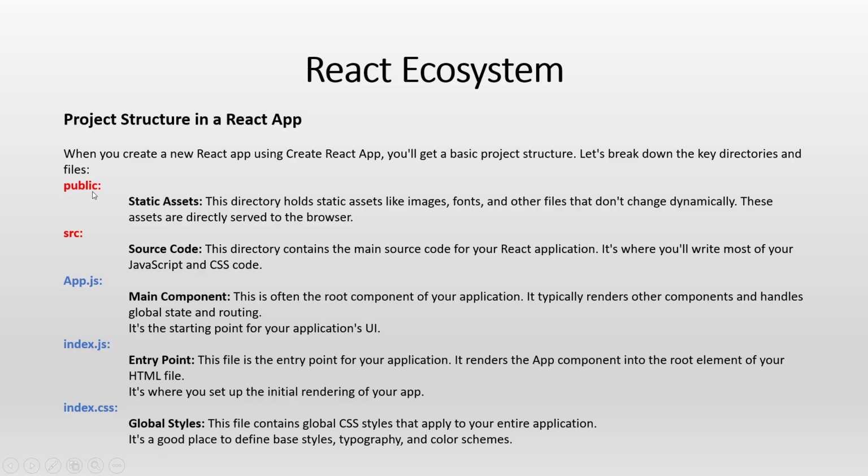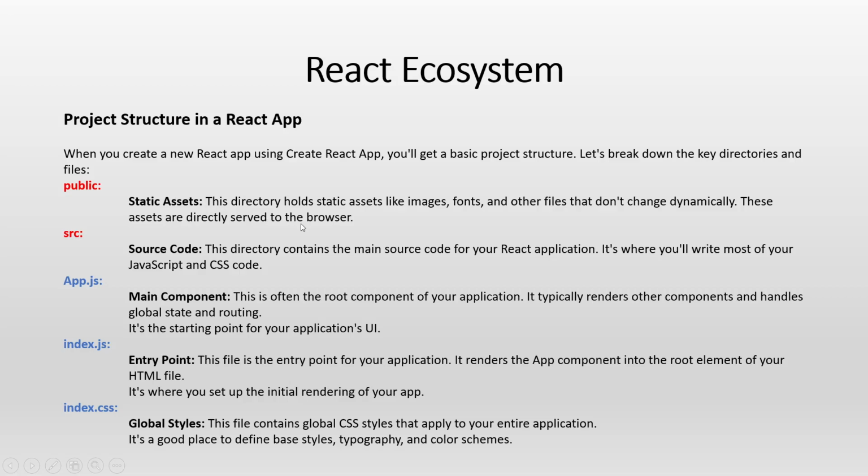Inside public there will be one HTML file, and also images, fonts, and other files that don't change dynamically. Dynamically means that if we do something inside our React app, they're not going to automatically change here. You will understand what I am trying to say later on, when we start creating the application step by step and you see the difference between public and source.